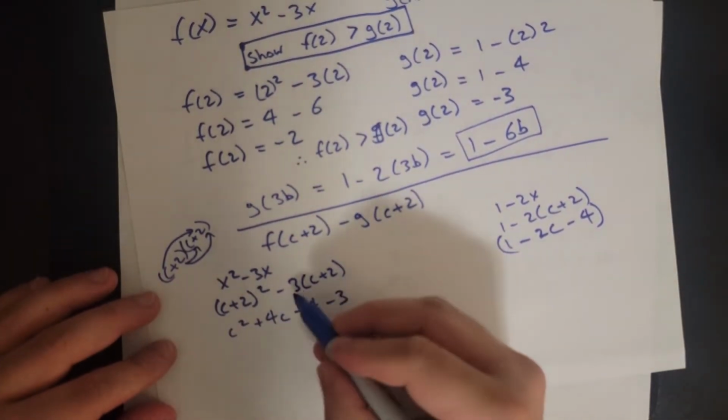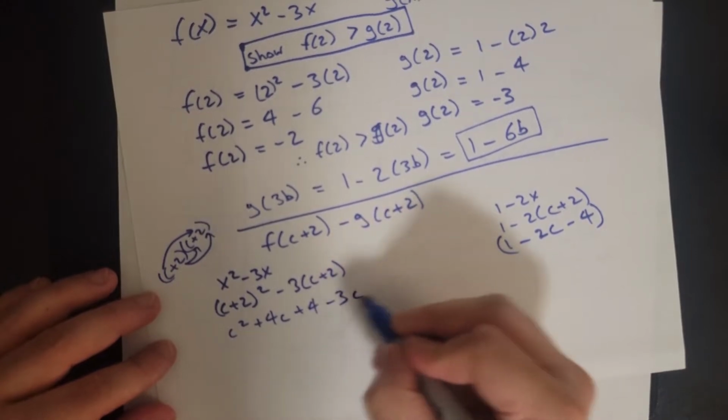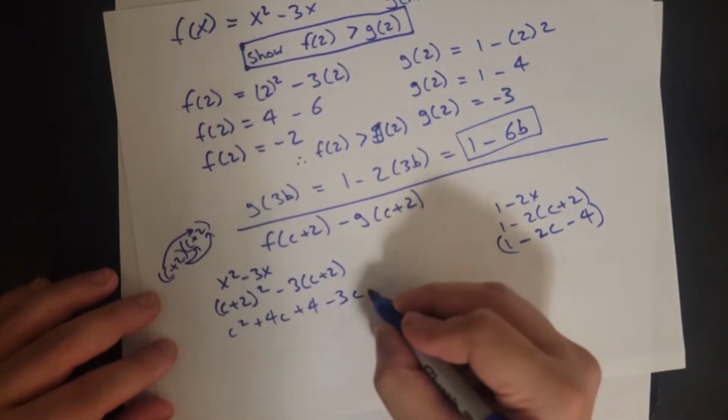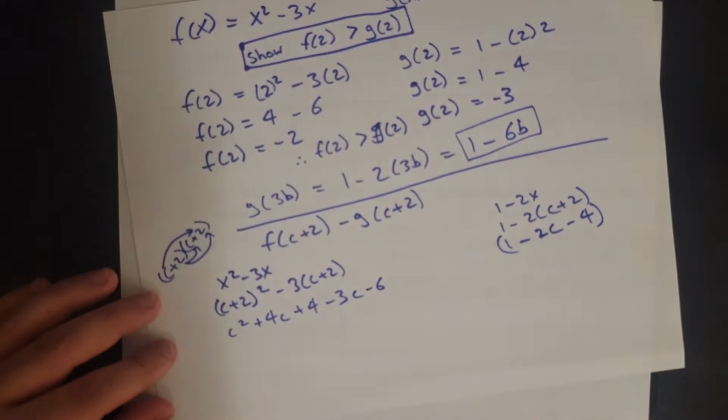So then we have this negative 3 times c, which is negative 3c minus 6.